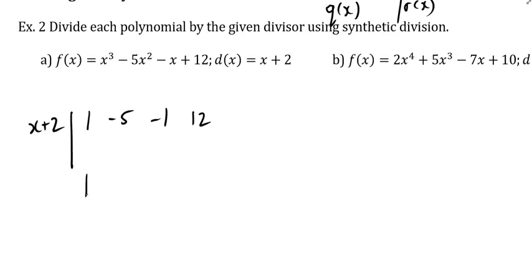Then I multiply it by the 2. So 2 times 1 is 2. I put it over there. Then I subtract. Negative 5 minus 2 is negative 7. And I multiply by the 2 again. 2 times negative 7 is negative 14.